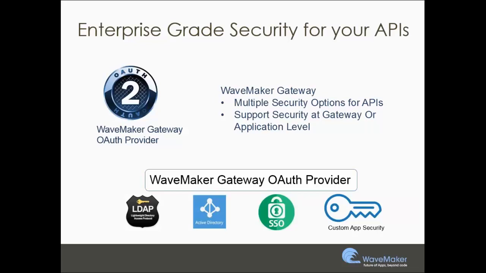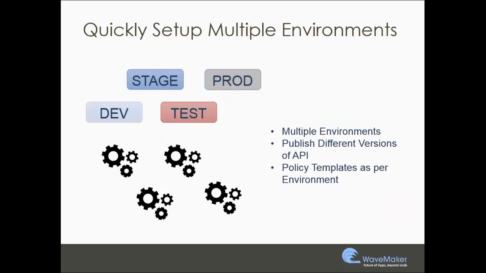On the back end, the enterprise can use various authentication and access authorization mechanisms based on their existing setup, and the gateway will front end those mechanisms using an OAuth provider. Through the gateway, enterprises can quickly set up multiple environments, and these environments can have various versions of your APIs, different policies set up on various APIs, so that enterprises can quickly onboard their APIs and have consumers start using them.